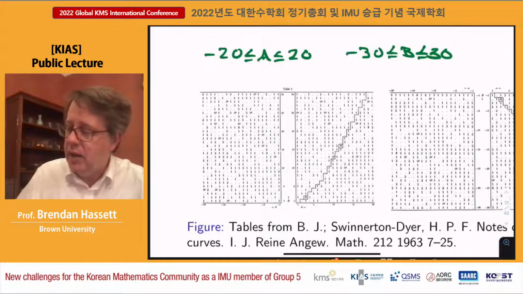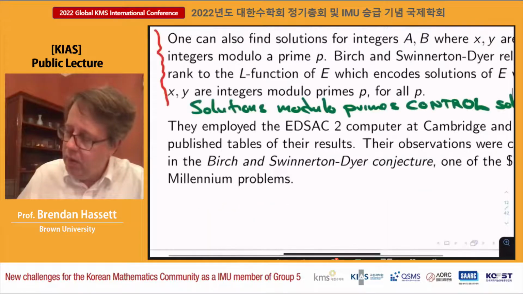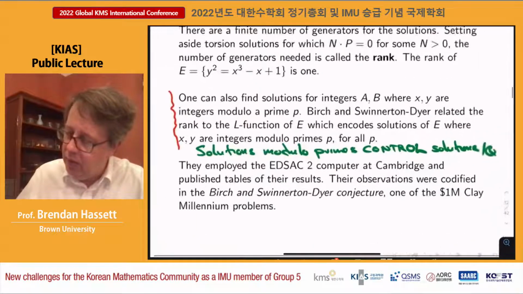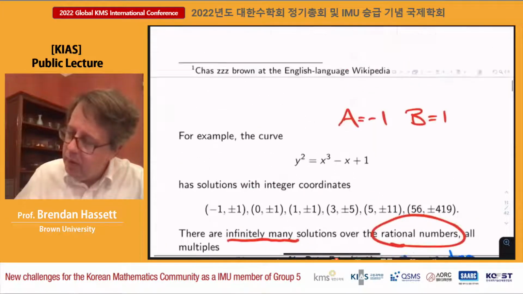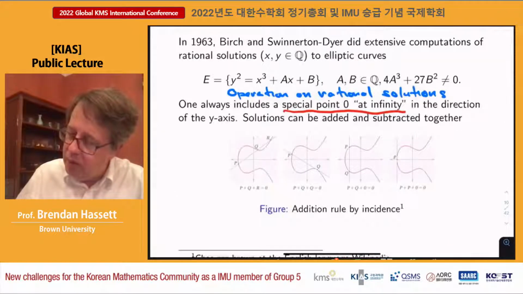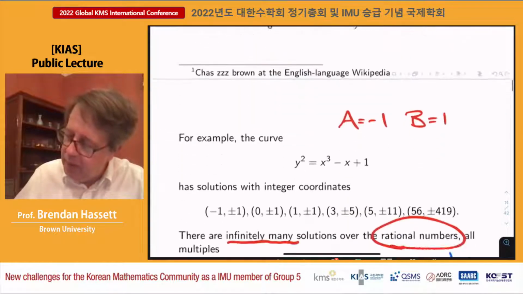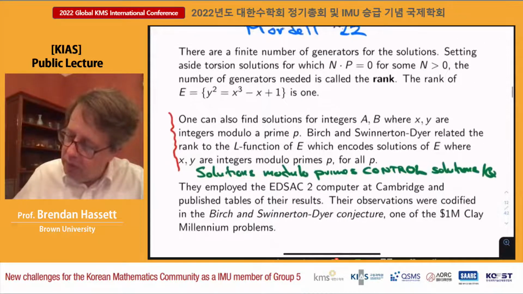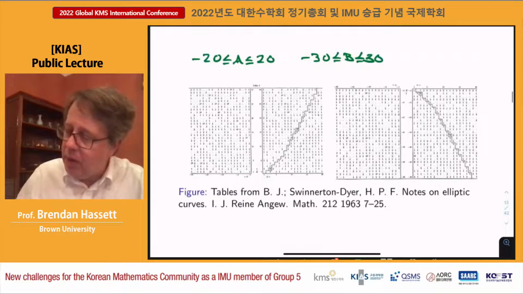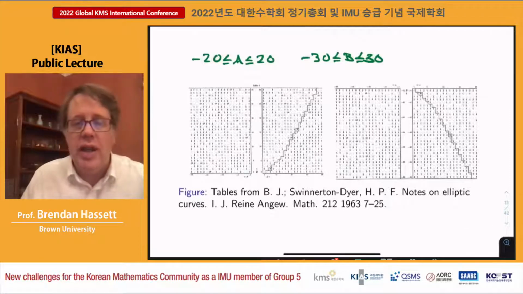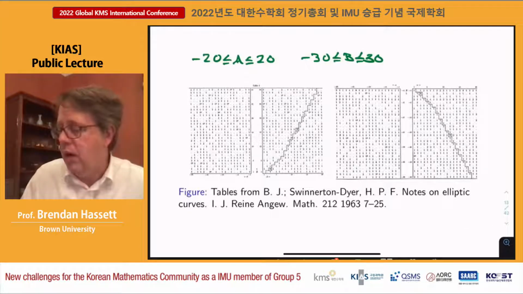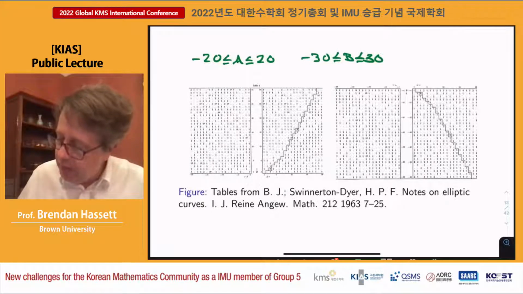A and B, as I indicated before, sorry to jump around, are just the parameters of the curve. We have y squared equals x cubed plus ax plus b. The assertion here is that when A and B are in these ranges, they tabulated, I guess, roughly 60 times 40, maybe 2,000 odd examples. They tabulated the answers.